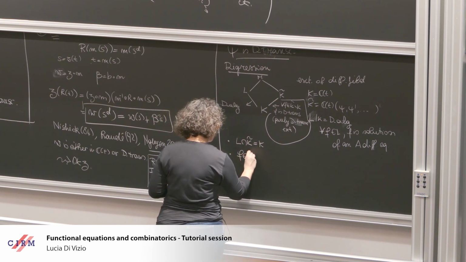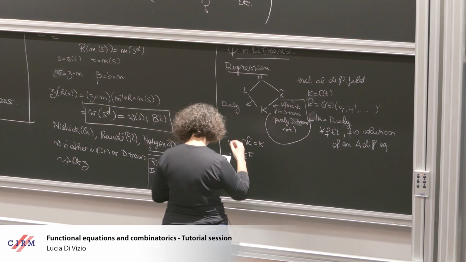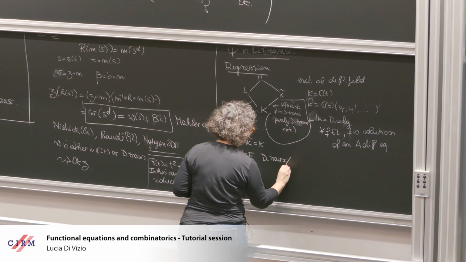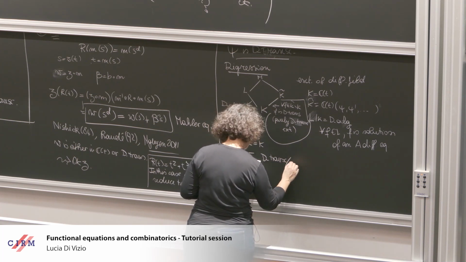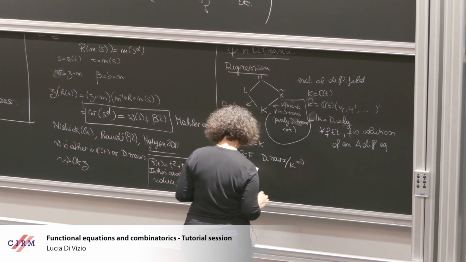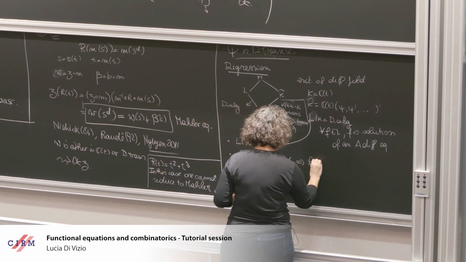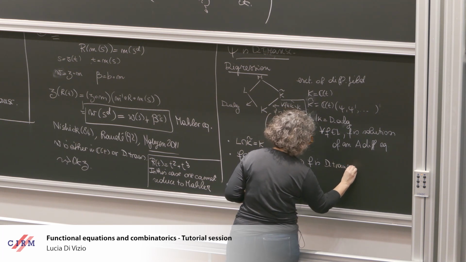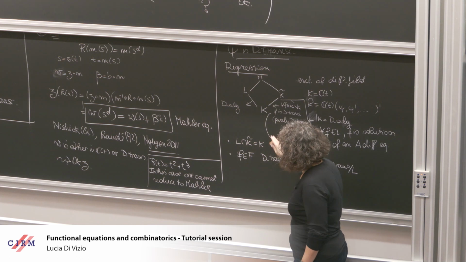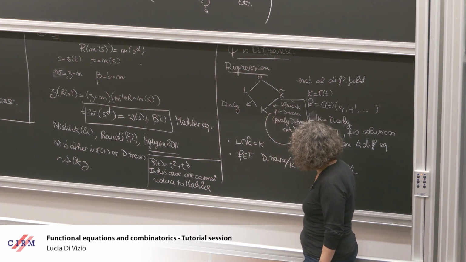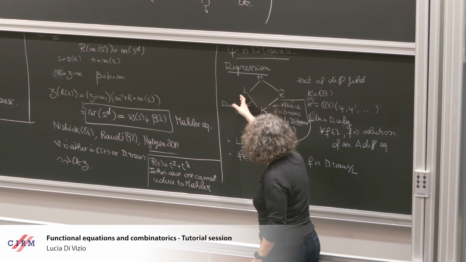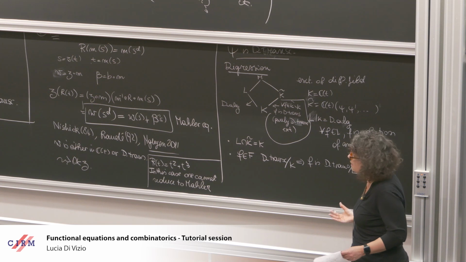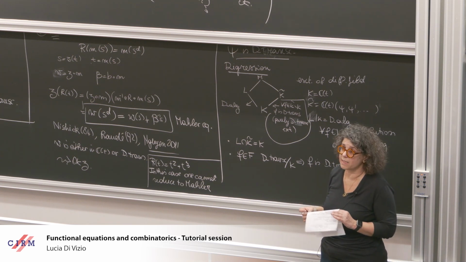It means that if you find something in capital F, the big field, which is differentially transcendental over K, then F is differentially transcendental over L. So if you cannot find any differential equation with coefficients in K, you cannot find any differential equation with coefficients in L. And this is the analog of what happens for algebraic extensions.